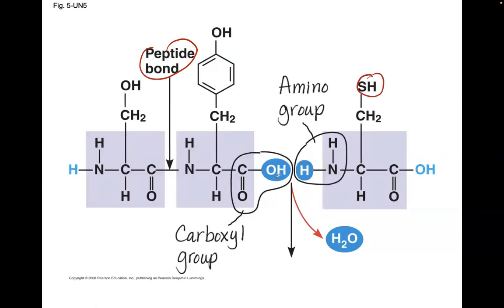This carboxyl group, like I mentioned to you, is always one of the components of an amino acid. So you have the amino group, which is this, and the R group, which is this, and you have the carboxyl group. It's always like this. The bond connecting one amino acid and the other one is called the peptide bond. So this is exactly what it's telling you here. When you remove water molecules from two monomers, they become a polymer. So this is exactly what's happening here.